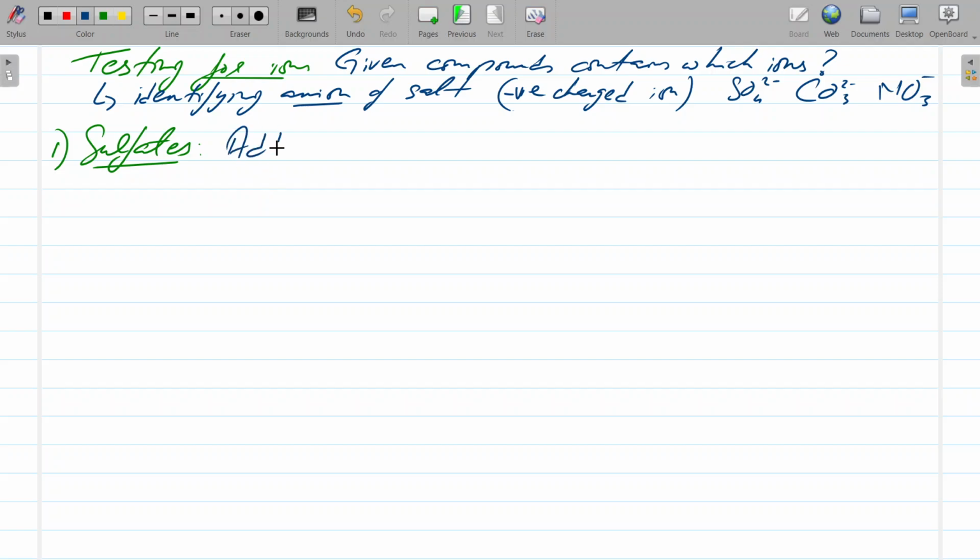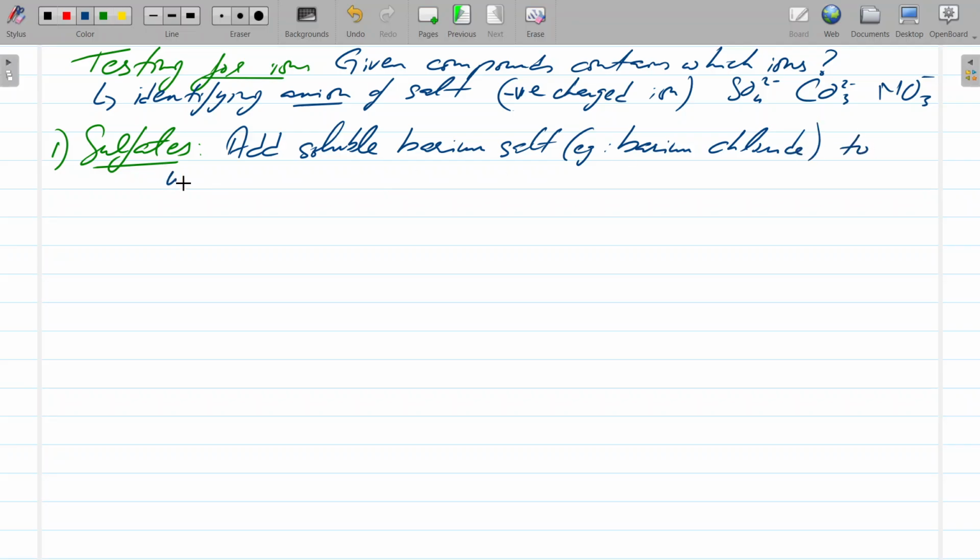So you basically add a soluble barium salt, such as barium chloride, to the unknown salt. That's also going to be a soluble salt.